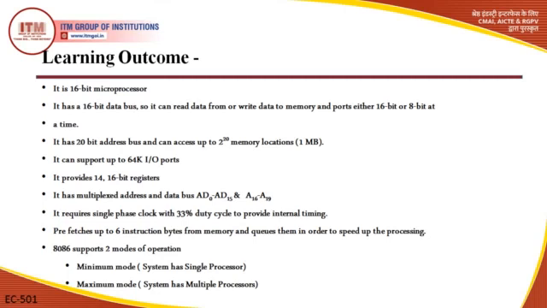And 8086 supports 2 modes of operation: minimum mode, in which the system has only a single processor, and maximum mode, in which the system has multiple processors.